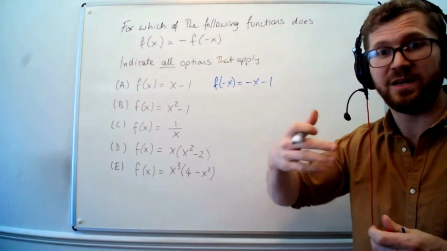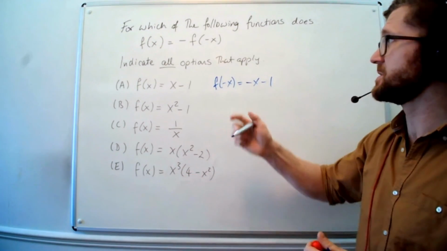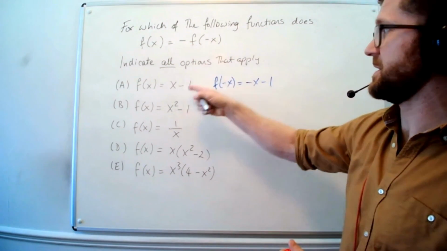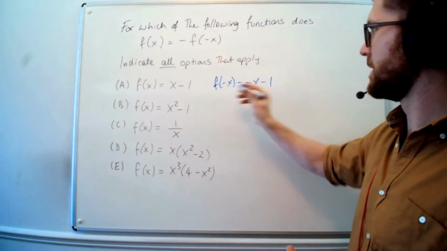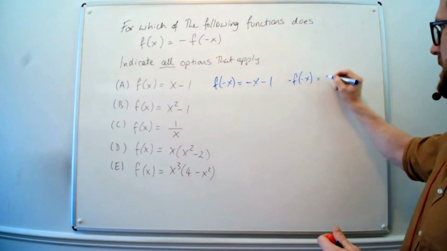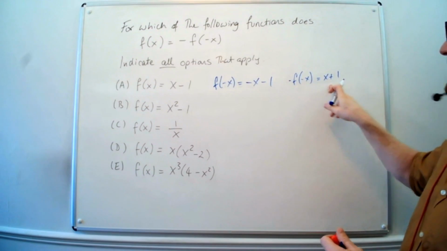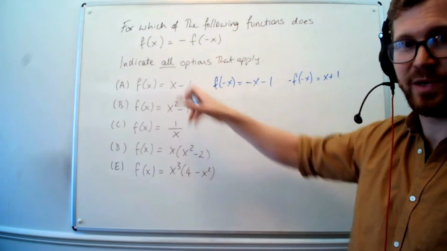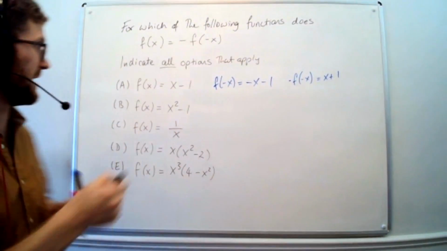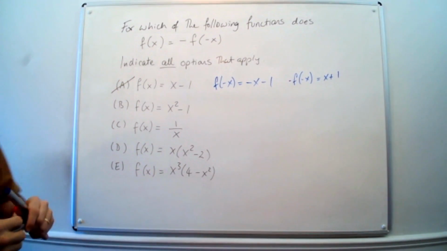So that's f of negative x. Now, does f of x equal minus 1 times this? Well, if I take f of minus x and multiply it by negative 1, I'm going to get x plus 1. Does that equal the f of x we had to begin with? No. And so A is not going to be an answer here. I can rule out A as an answer.